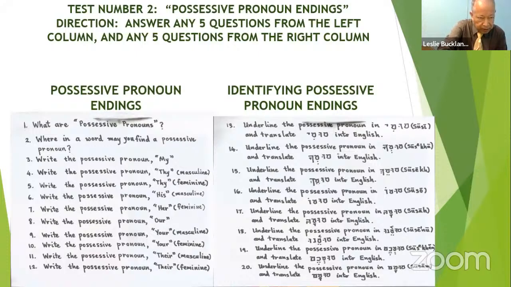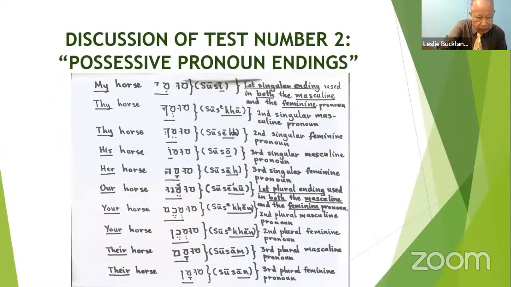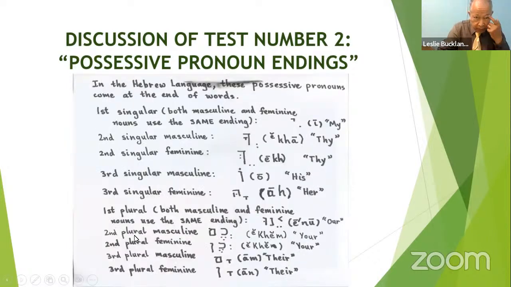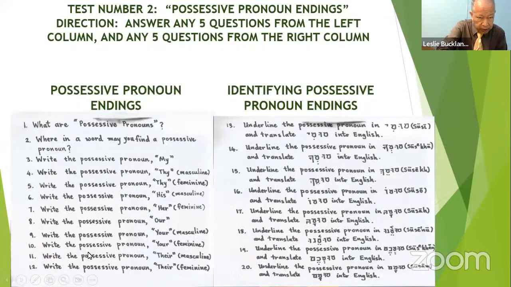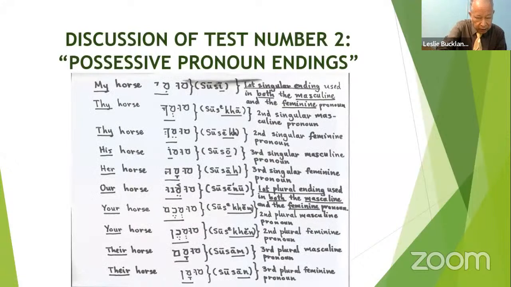Number 10. Write the possessive pronoun your, feminine. And here it is. Your, eken. The masculine has the mem, or the m, at the end. The feminine has the nun, or the n, at the end. Eken, your. Number 11, write the possessive pronoun their, masculine. And here you have it.